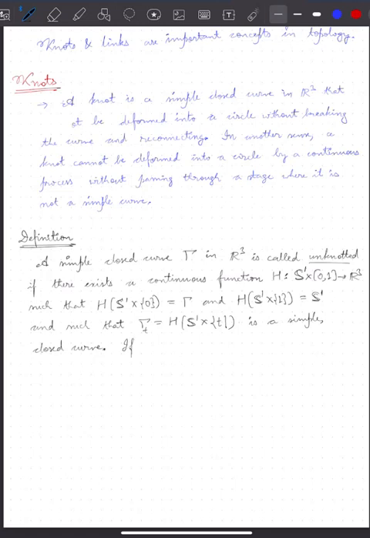If there does not exist such a function h, the curve gamma is called knotted.